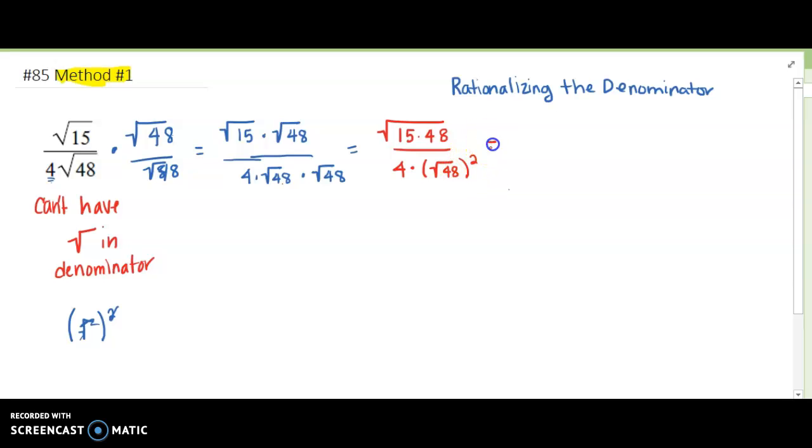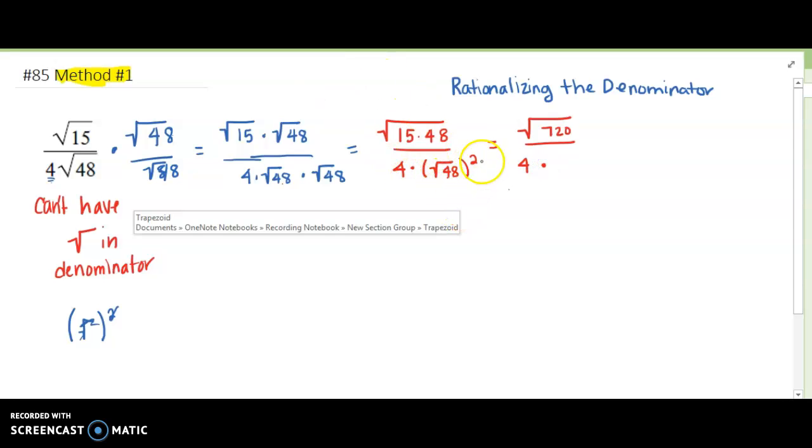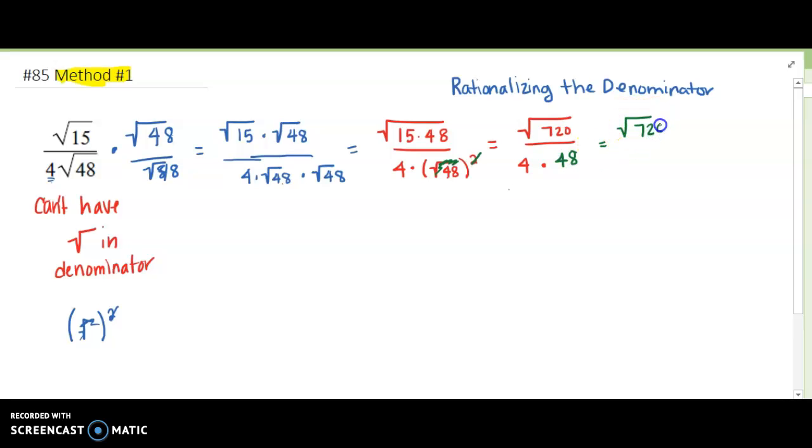Some of you, the light bulb's starting to go off. 15 times 48 is 720 over 4 times the square root of 48 squared. The square and the square root are inverses, so this just goes to 48. So the square root of 720 over 4 times 48, which is 192.